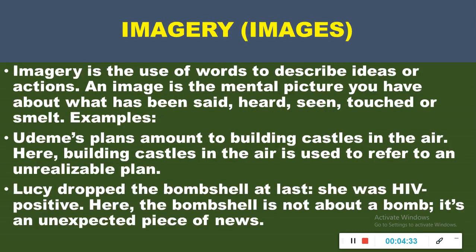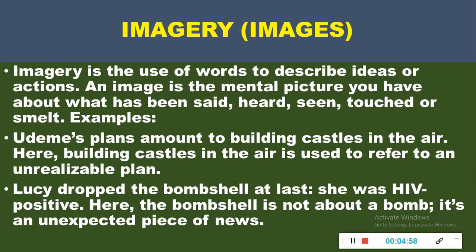Then imagery or images. Imagery is the use of words to describe ideas or actions. An image is the mental picture you have about what has been said, heard, seen, touched, or smelled. For example, Udeme's plans amount to building castles in the air. Here, building castles in the air is used to refer to an unrealizable plan.